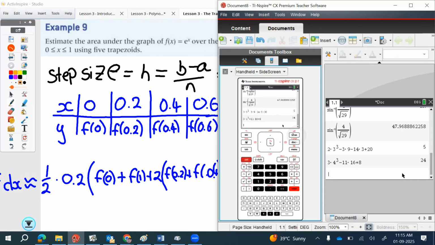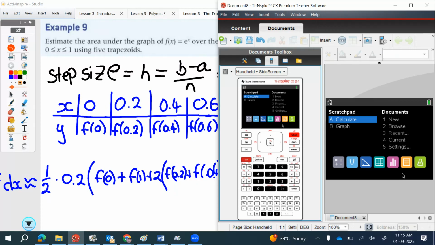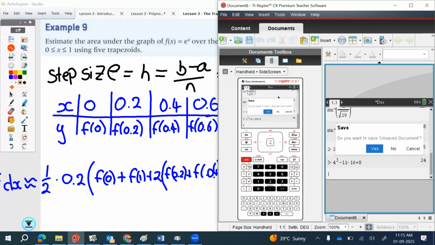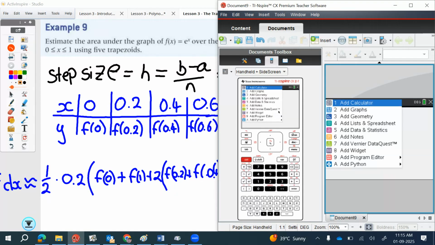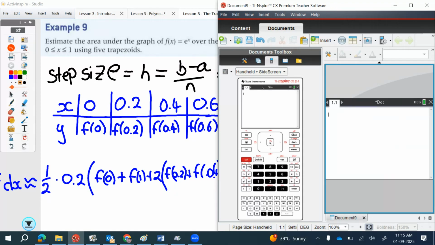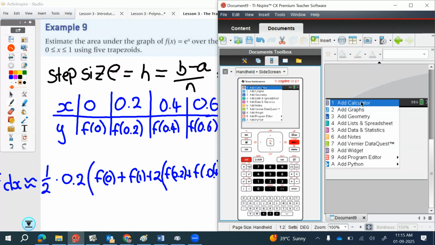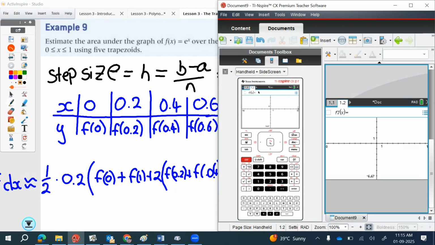Let's start off with a nice new fresh calculator. Press on, press 1, and say no, don't save. Then we'll add a calculator page. I think it's better if you plug in the x values to the function. So we are going to add a graph page, and here we're going to put the function in.